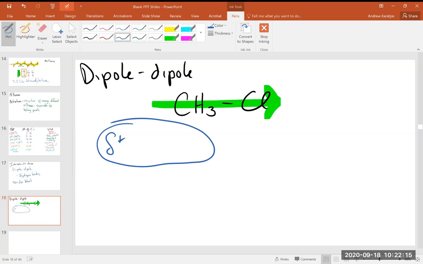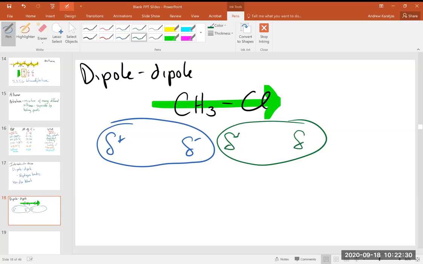The delta plus refers to not a full positive charge, but a partial positive, and a partial negative where the chlorine is. Then if another molecule comes along, its positive end will be attracted to the negative end of the other, and we form an attraction between these neutral but still polar molecules.